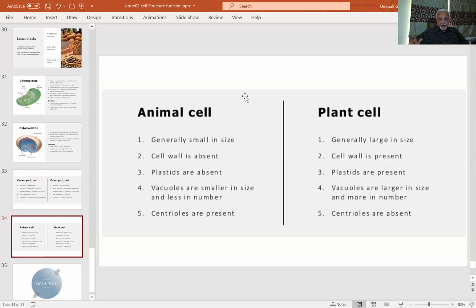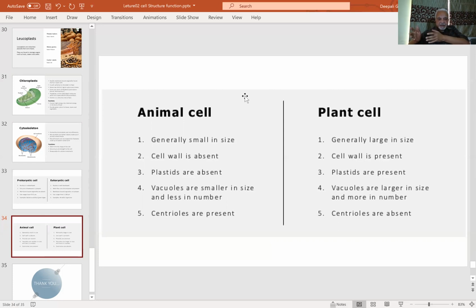And among eukaryotes, you have the animal cell and the plant cell. So how do these two cells differ? Basically, it's the cell wall, which is present in the plant cell and absent in the animal cell.